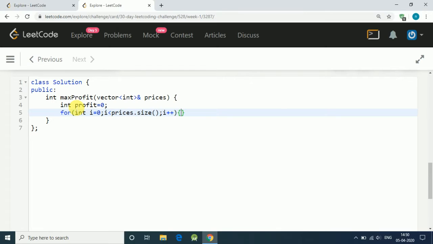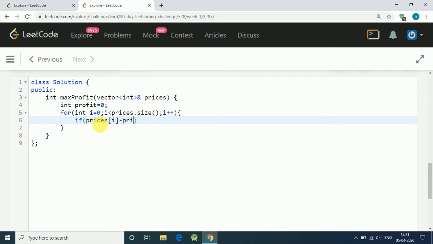We simply check if our price at ith day minus price at i minus 1th day is greater than 0, it means we are making profit, so we calculate it, otherwise nothing. So we have to start with i equal to 1 because we are doing i minus 1.